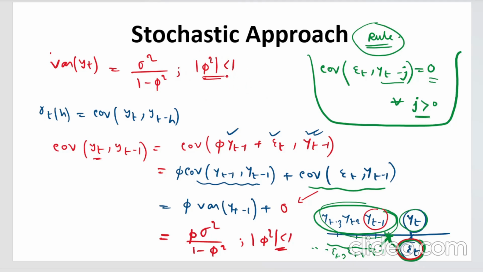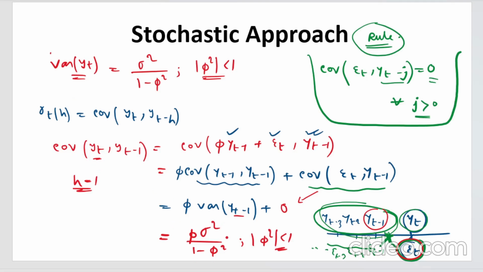When this condition is satisfied, the yt process is stationary, and hence the variance at t and t minus 1 is the same, so the time point doesn't matter, and that will give you this. Since I have not talked about this, I will not explain it further here. We'll see it in some other cases, right? So this is for h equals 1, right?